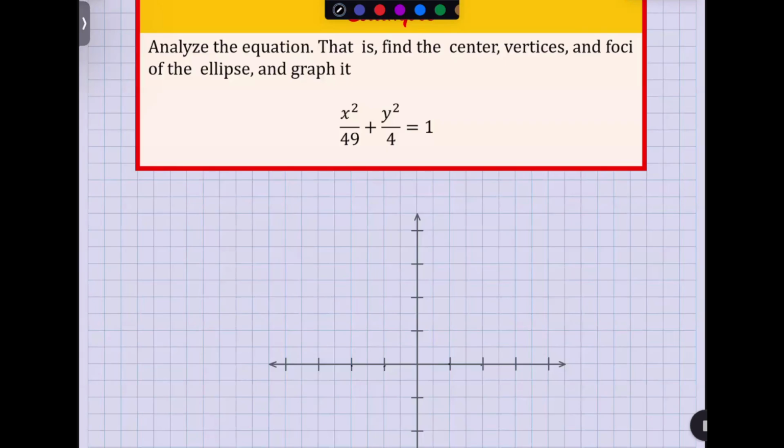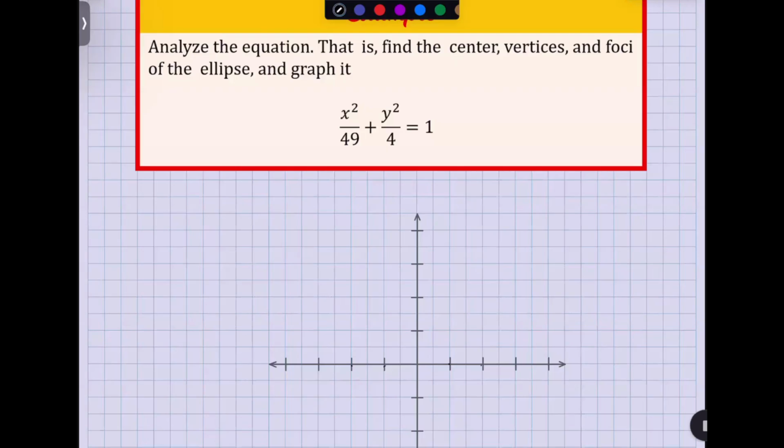So where's my center? Yes? We can find the square roots of 39 and 40.